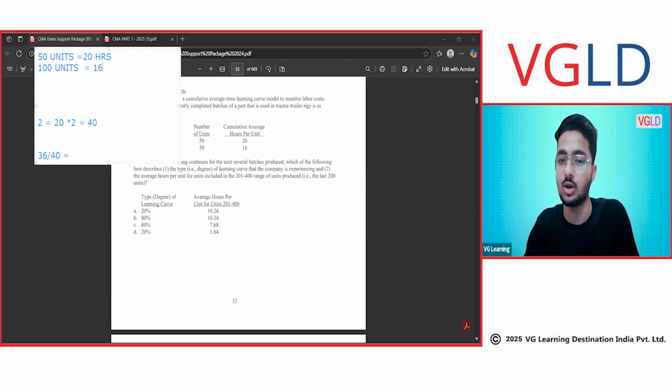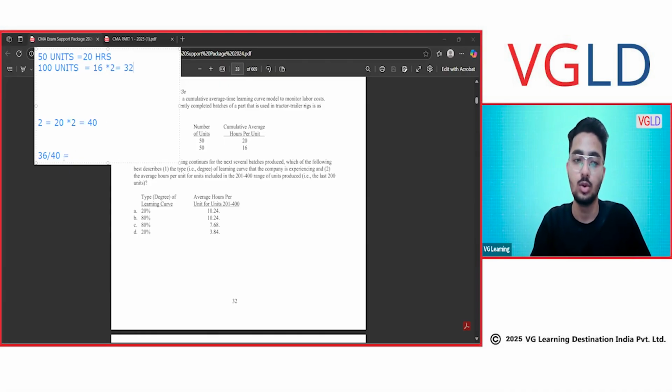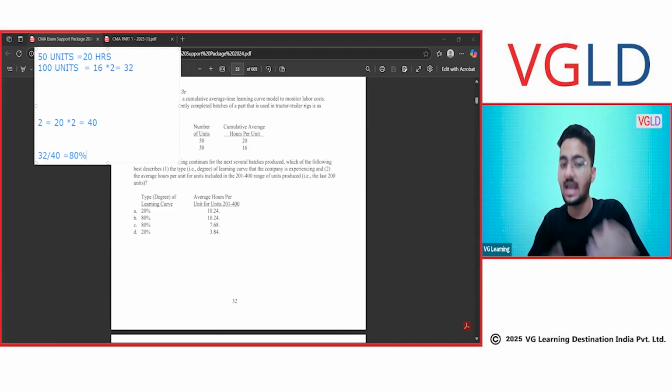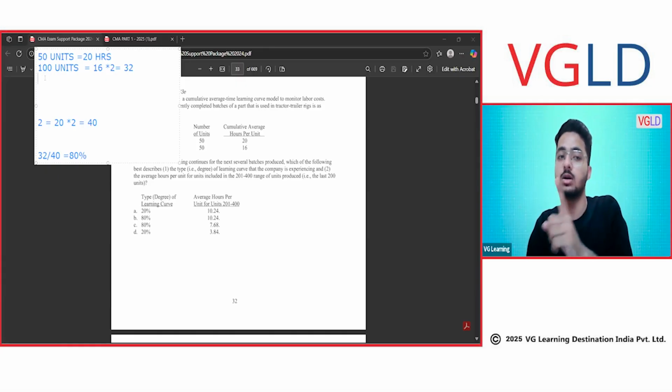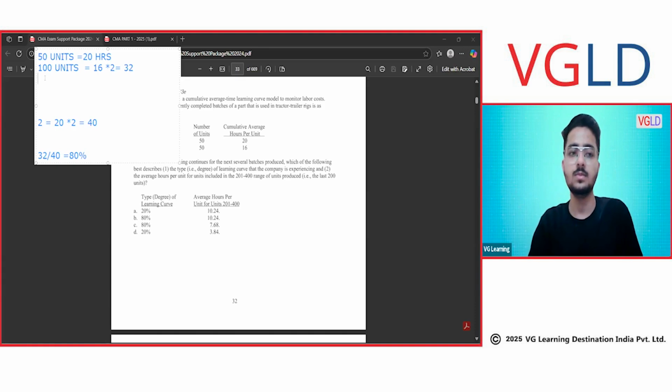They have written the average, so 16 multiplied by 2 should be 32. So I should divide 32 by 40, that is 80%. Now from this I know that my answer is either B or C, not A and D. So for 100 units, I took 32 hours, right?